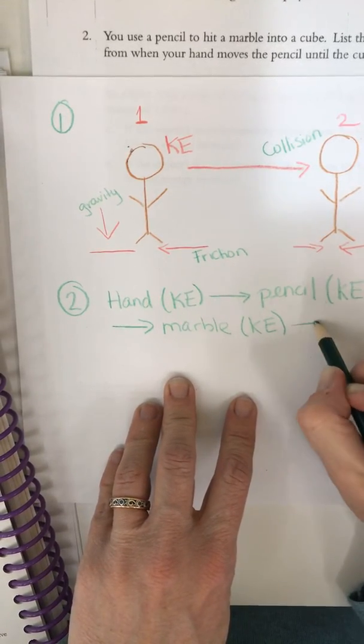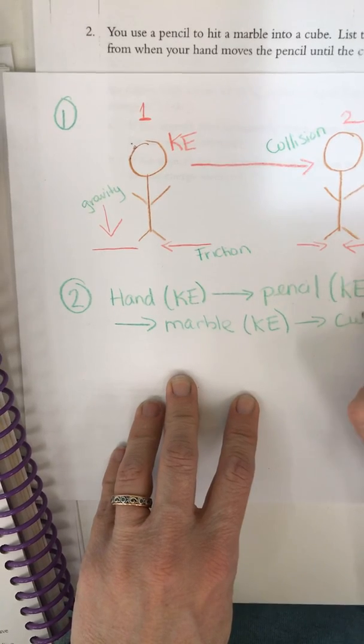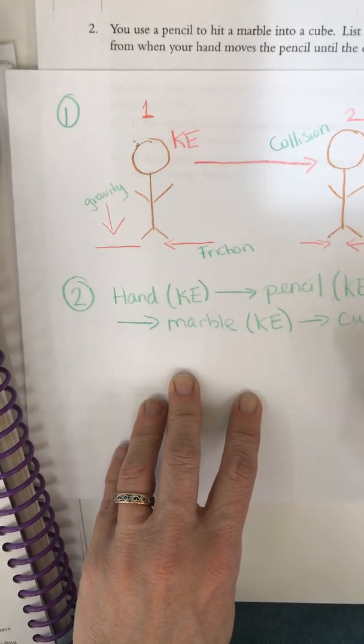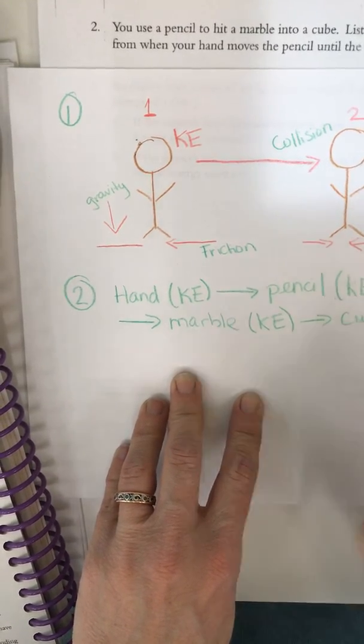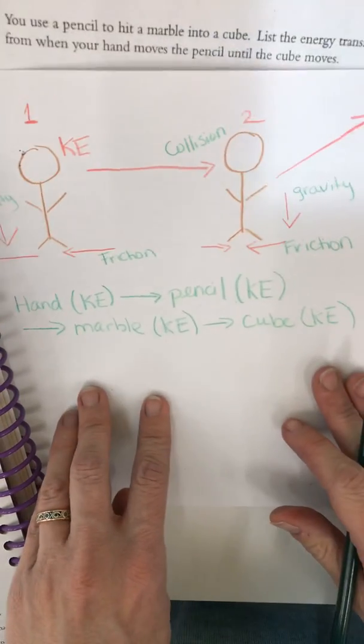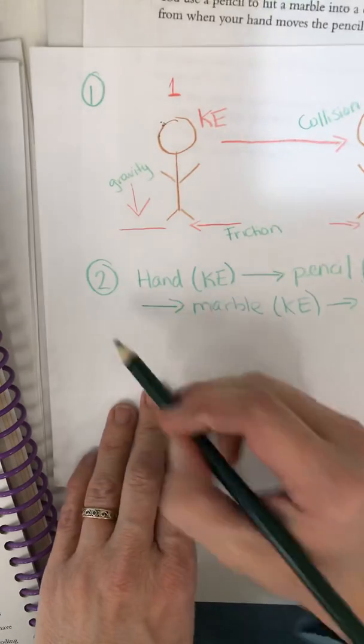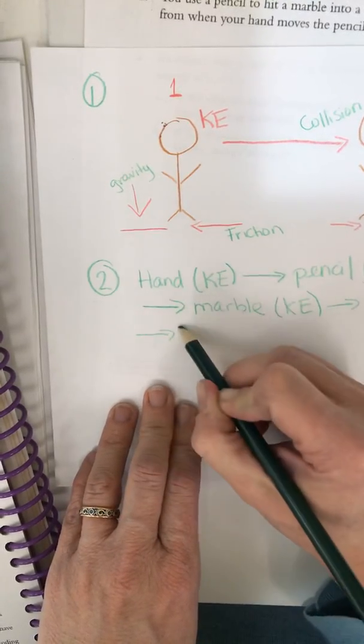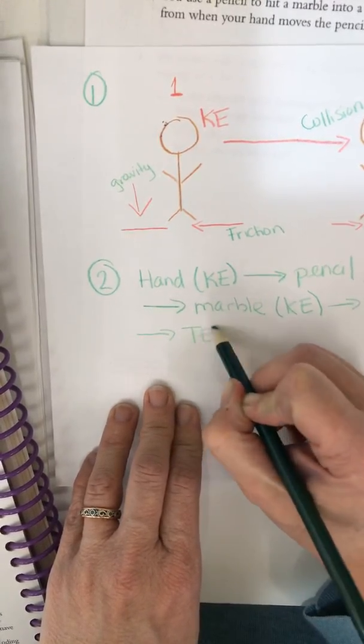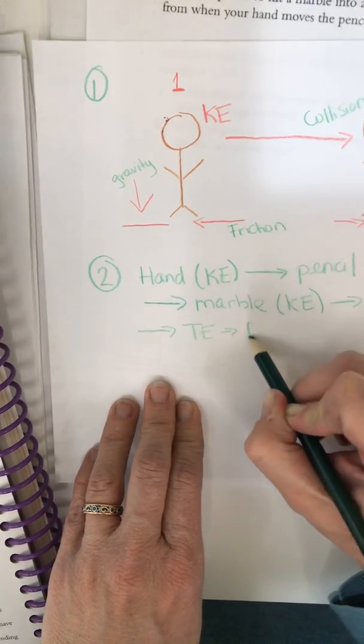And then to the cube moving, which has kinetic energy. Also remember a little bit of the cube's kinetic energy is going to be lost to thermal energy, which is due to friction.